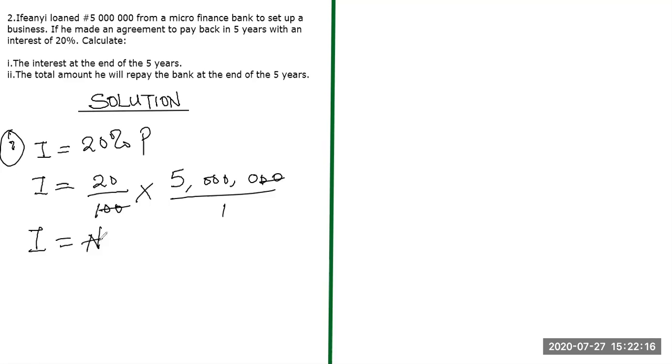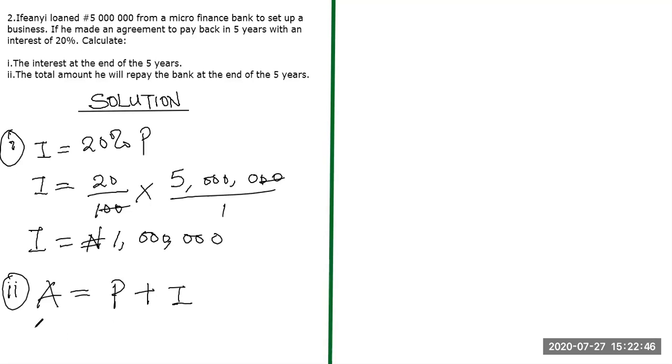That is the interest that Ifeanyi is going to give back to the microfinance bank. So that is the interest. Now the total amount he will pay the bank at the end of the 5 years: Ifeanyi is returning the interest plus the money he borrowed. That is why amount is always the principal plus the interest that has accrued on top of the principal.